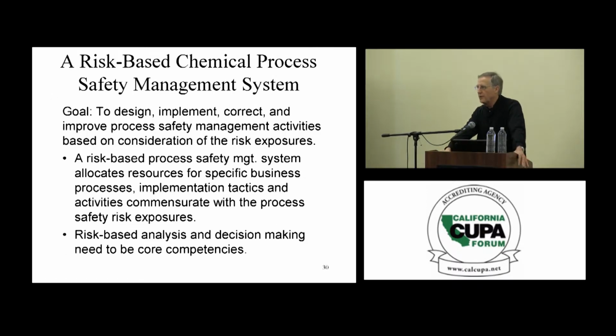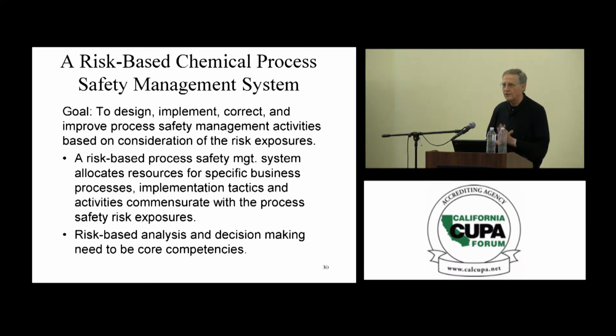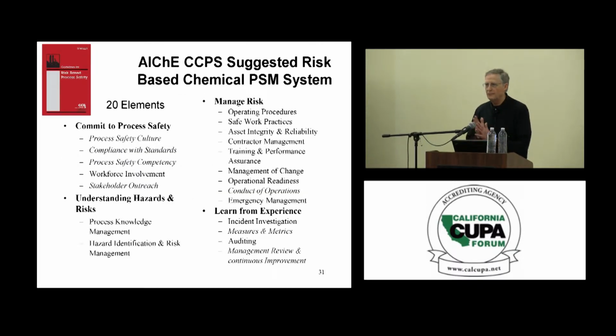Now, chemical process safety. So that's keeping it in the pipes, keeping it in the tanks, preventing loss of containment. Again, take-home lesson. What's the basic difference between worker safety and process safety? Process safety is all about preventing loss of containment. And a risk-based approach, in my opinion, is the way to go. And that's not only my opinion.